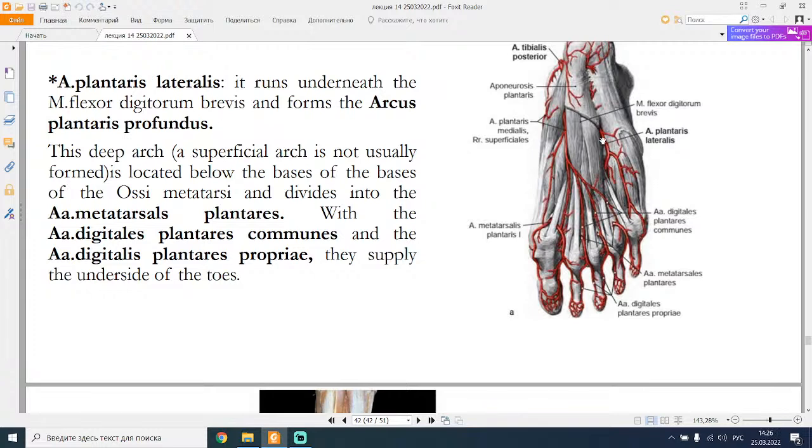It runs underneath the musculus flexor digitorum brevis and forms arcus plantaris profundus.